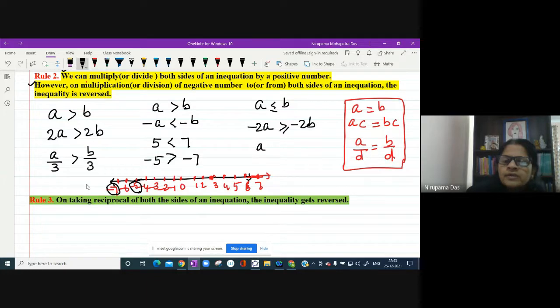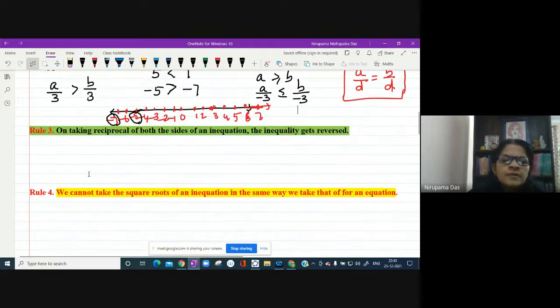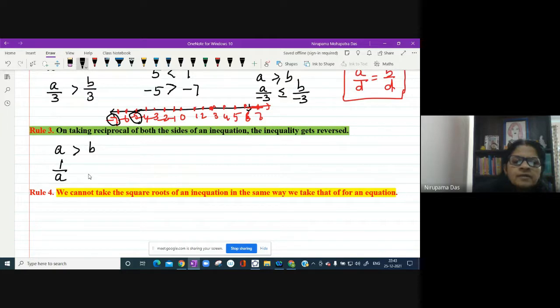So I can write here a greater than or equal to b, so a by minus 3 will be less than or equal to b by minus 3. Third property: on taking the reciprocal of both sides of an inequation, the inequality gets reversed. Means, suppose a greater than b, then 1 by a is less than 1 by b.